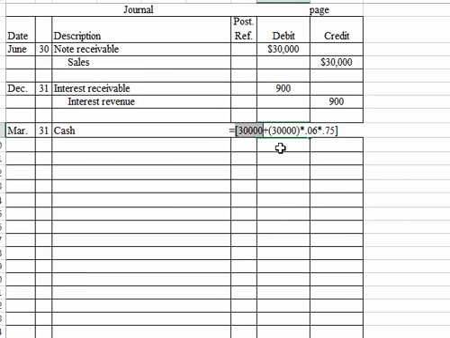See if that works. No, it doesn't. I just got my formula in wrong somehow. Maybe I need brackets here. So here's the principal amount plus interest over here. Put brackets around everything.